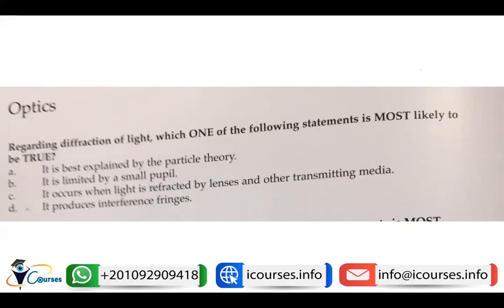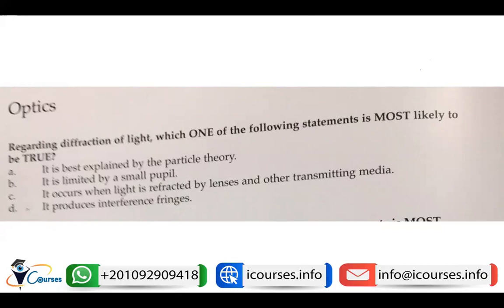Here is another trick. If there is a small pupil or any small aperture causing diffraction, is there any kind of refraction in this condition?